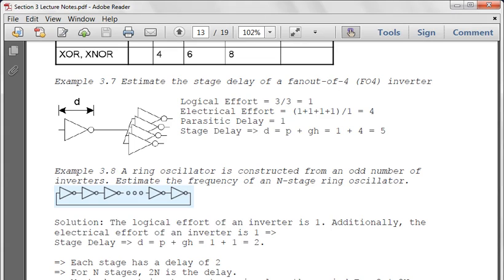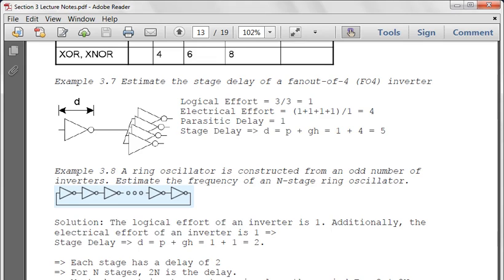We want to estimate the frequency of this n-stage ring oscillator. There's another reason this is important: if you have some sort of input frequency and you're trying to divide it or lengthen it out, you can use these types of circuits to manipulate the actual input frequency.